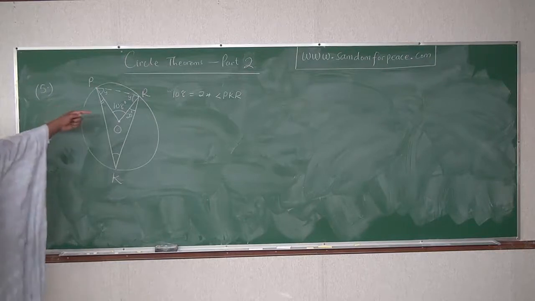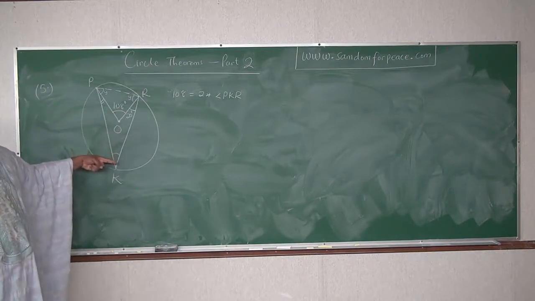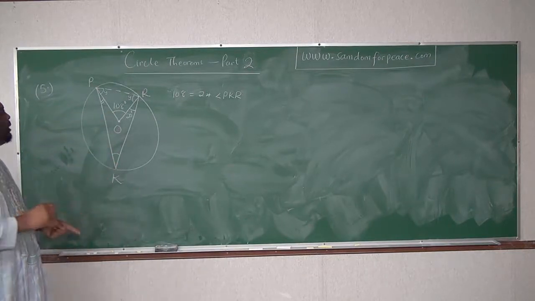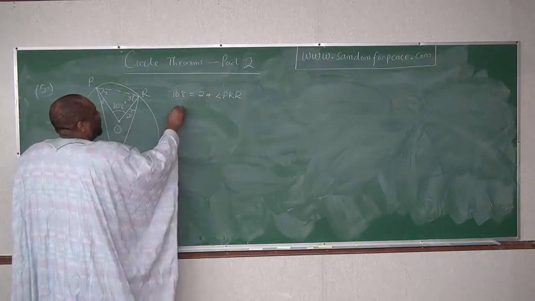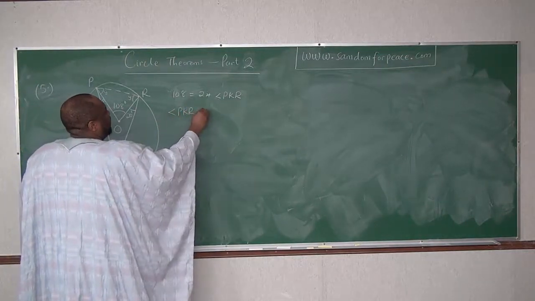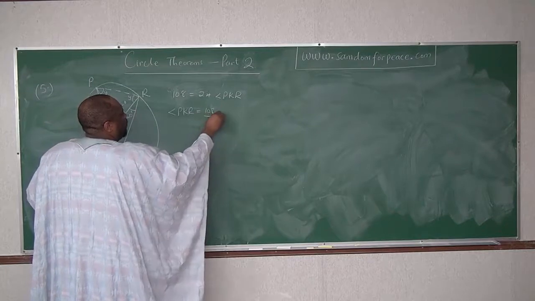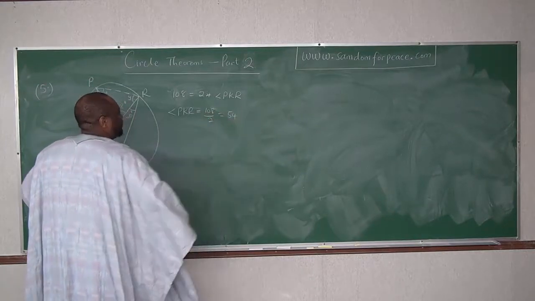Reason: angle at center is 2 times angle at circumference. So angle PKR will be 108 over 2, which is 54.